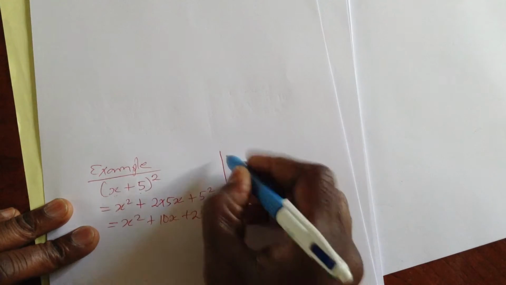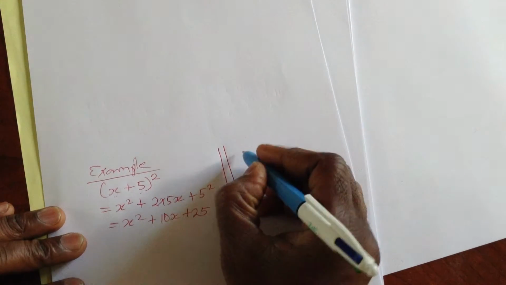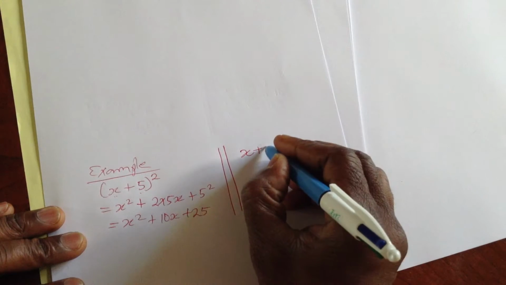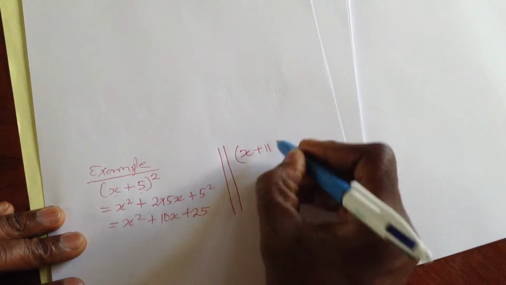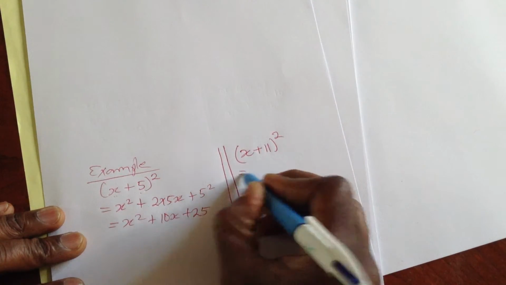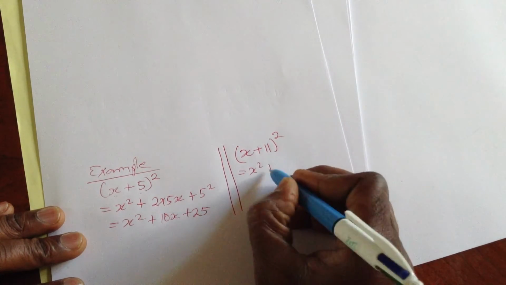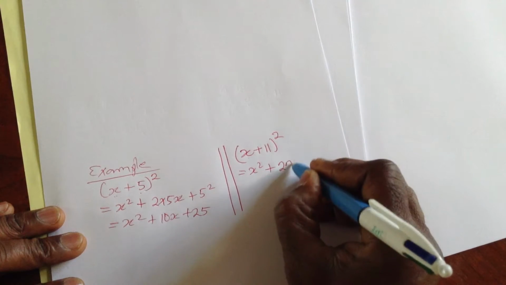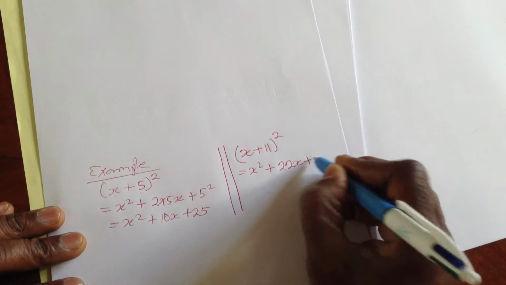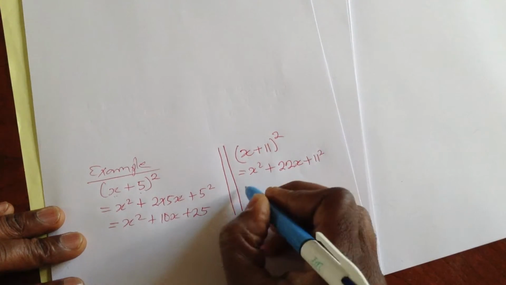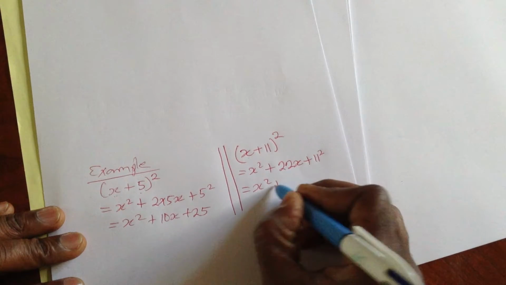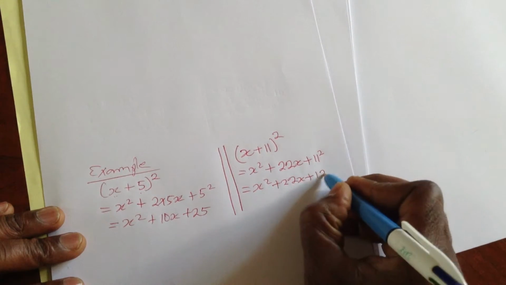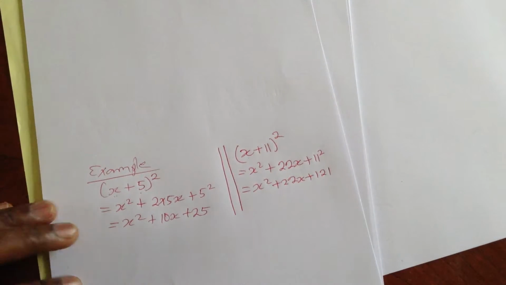Let's try another one. x add 11 all squared will give me x squared plus twice 11 times x, that will give me 22x add 11 squared. So I'm going to get x squared add 22x add 121.